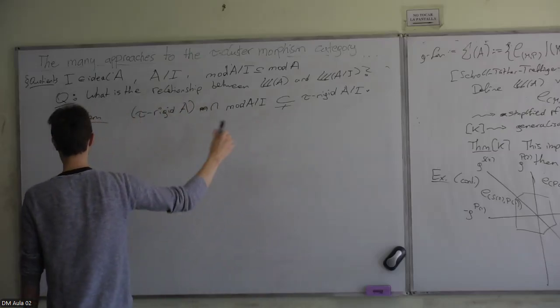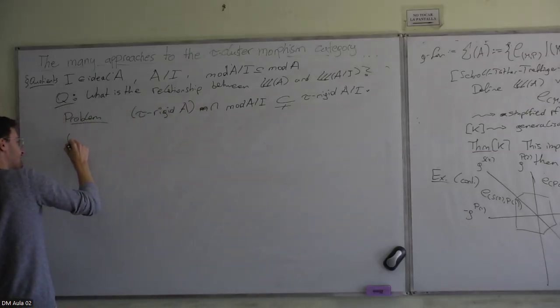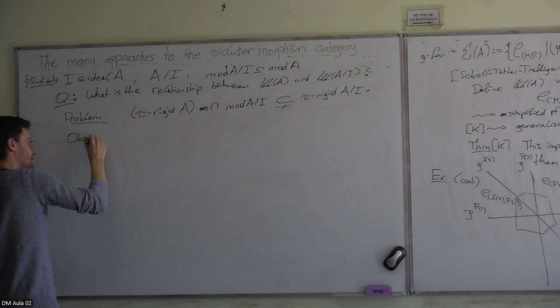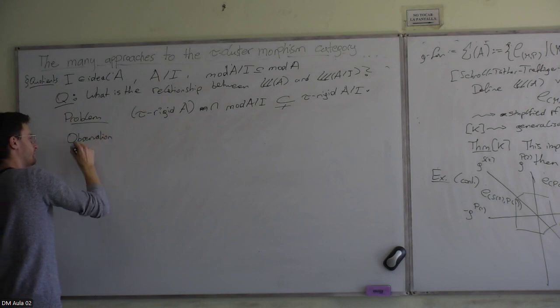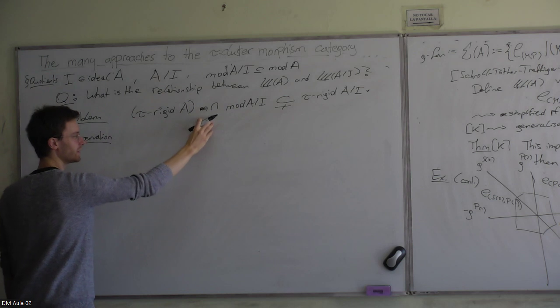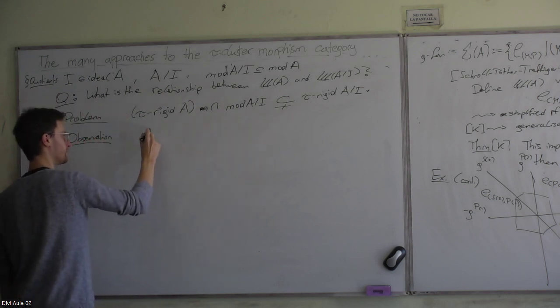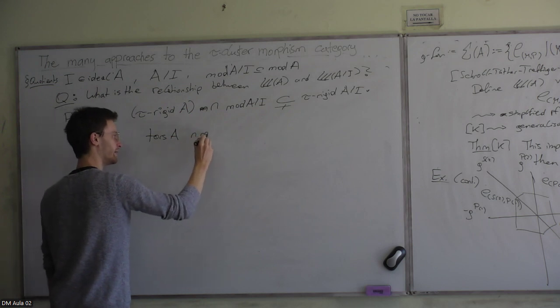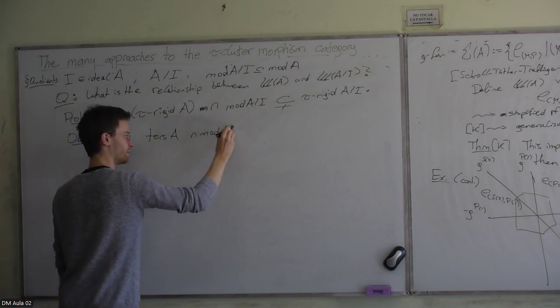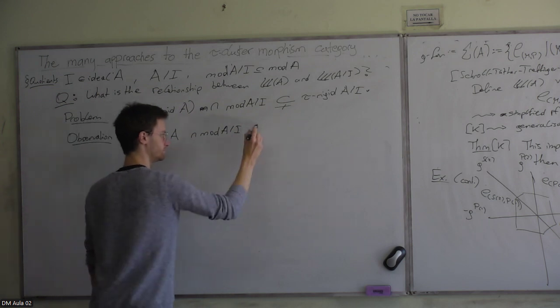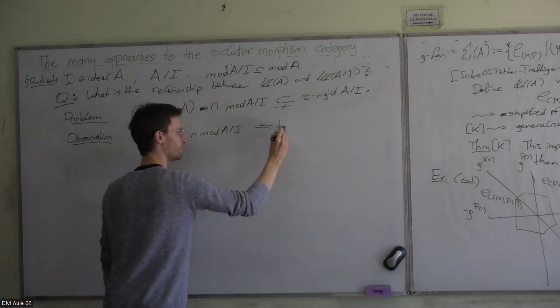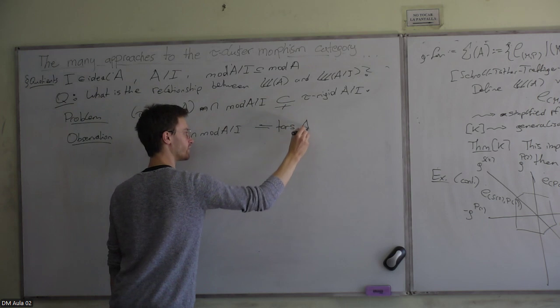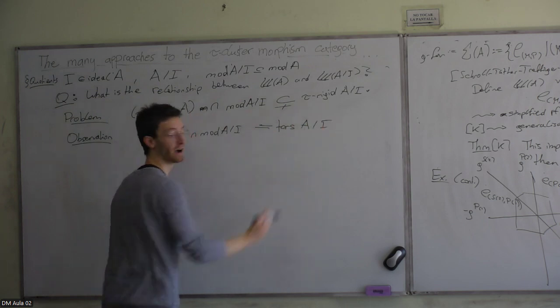And this is where the following observation comes in, which is that in contrast to this relationship where we have proper inclusion, if I take the torsion classes of A and intersect them with A/I, this is actually all of the torsion classes of A/I.